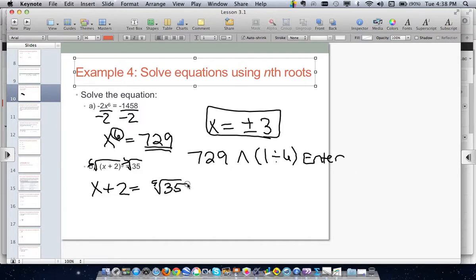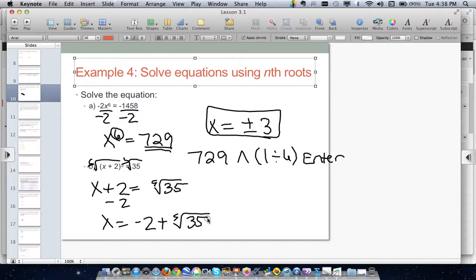Now, we're eventually going to want to know what that value is using our calculator, but for now, let's keep it as this. And let's subtract 2. So now we know that x is equal to negative 2 plus the 5th root of 35. And since 5 is obviously an odd number, we're only going to have one real answer here.